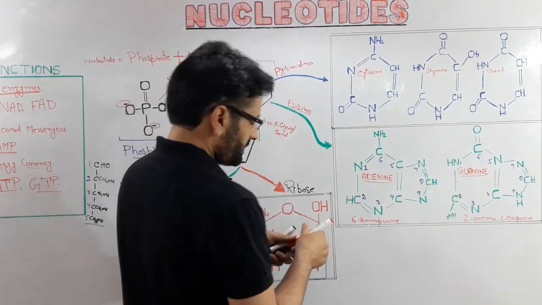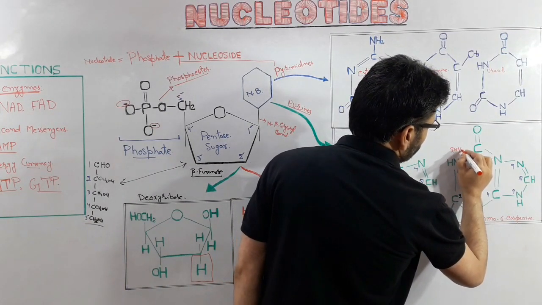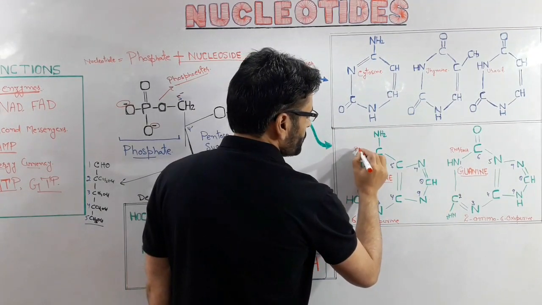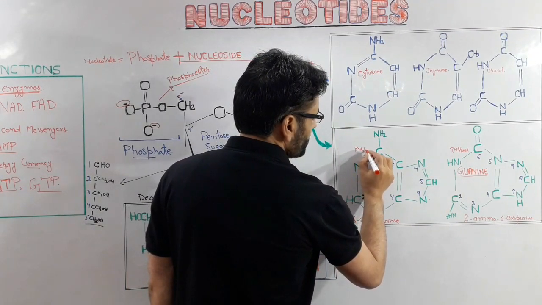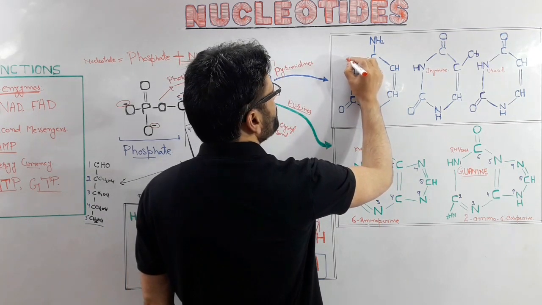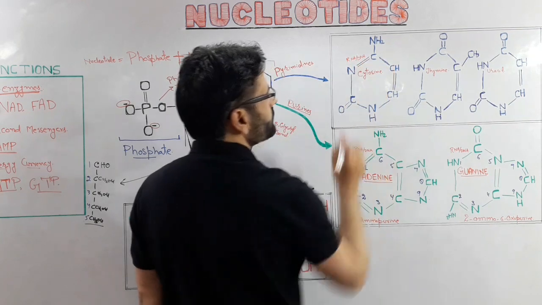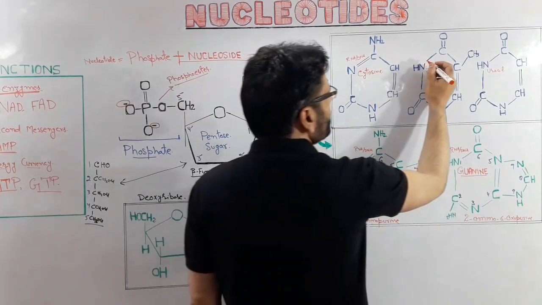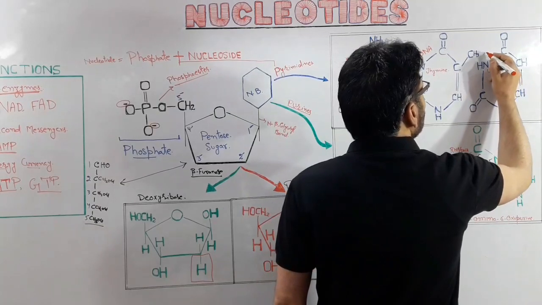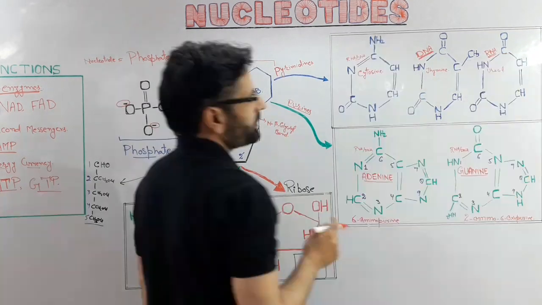But thymine is exclusively present in DNA molecule, and uracil is present only in RNA molecule.